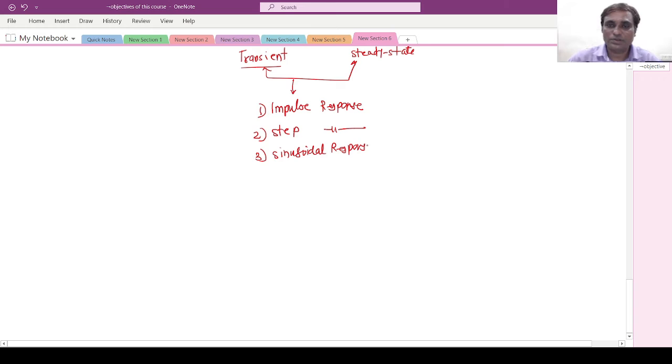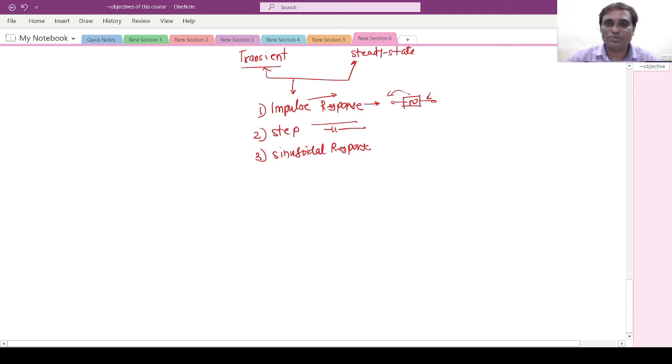So what is the impulse response? Suppose this is my network, and I have to find the response of the network if the excitation to the network is an impulse function. What an impulse function is, I will also introduce to you in short.